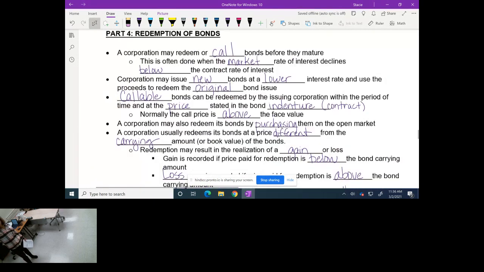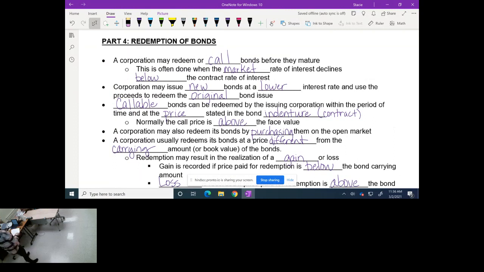The next thing we're going to look at is redemption of bonds. Redemption of bonds is paying them out before they are due. So a corporation may redeem or call bonds before they mature. So that's their terminology, redeem or call.